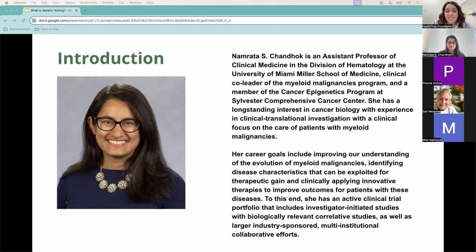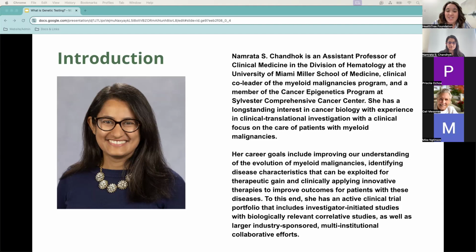To this end, she has an active clinical trial portfolio that includes investigator-initiated studies with biologically relevant correlative studies, as well as larger industry-sponsored multi-institutional collaborative efforts. Dr. Chandhok is also working to identify pre-leukemic biomarkers that may be acted upon for disease prevention.